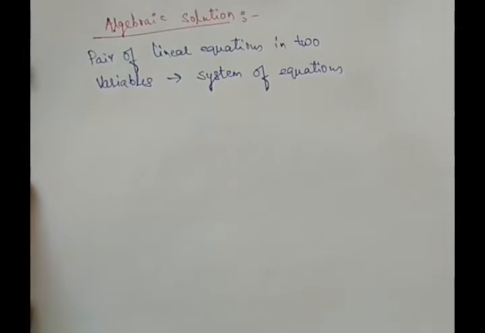Instead of using this phrase, pair of linear equations in 2 variables, again and again, we can also use the term system of equations. Now we will talk about the algebraic solutions in terms of the coefficients.